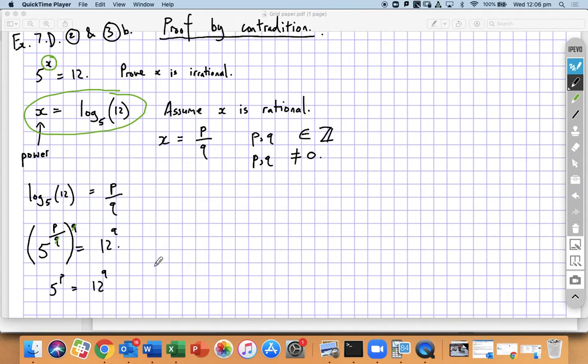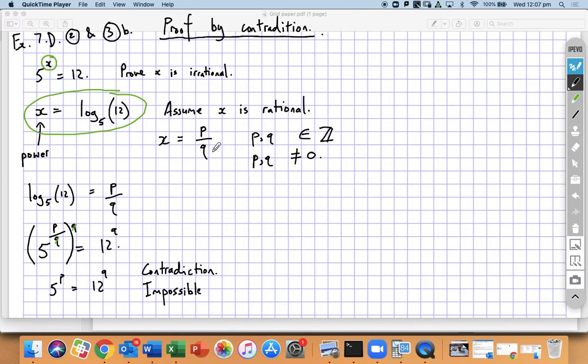And that is impossible. This is a contradiction. It cannot be. The reason it's impossible is that if p and q are whole numbers, it would be possible to find some value of p and some value of q to make these two statements equal to each other, but they couldn't be integers.